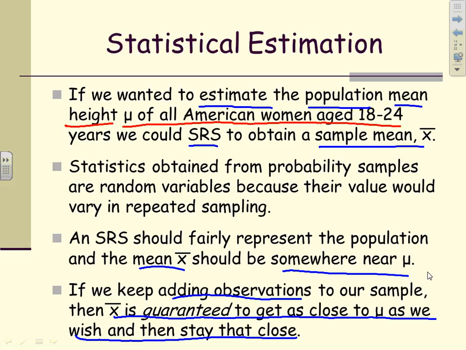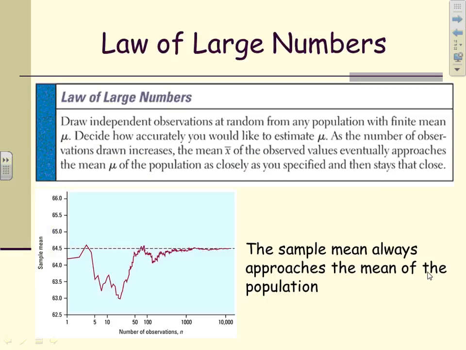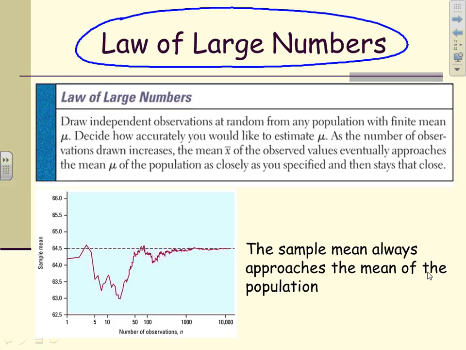But as we increase the size of our sample, the x bar is going to get closer and closer to mu, and it's going to stay that close or get even closer. And this is all due to this idea of the law of large numbers. And this is something that casinos rely heavily on to make sure that they make a lot of money.